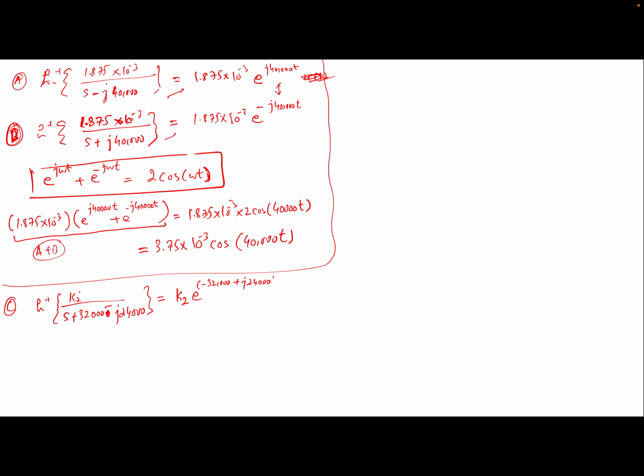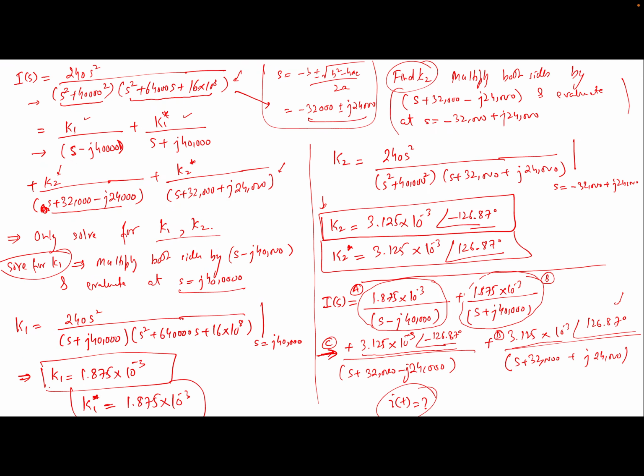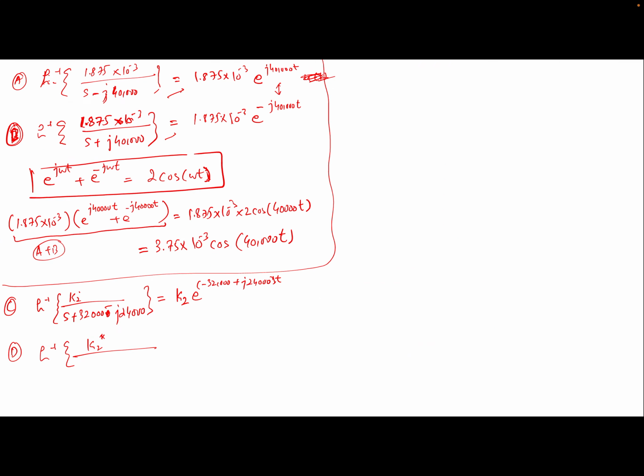And similarly, I'm going to get a D term, the Laplace inverse of K2 prime over S plus 32,000 plus j24,000, which should come out to be K2 asterisk e raised to power (minus 32,000 minus j24,000) t.